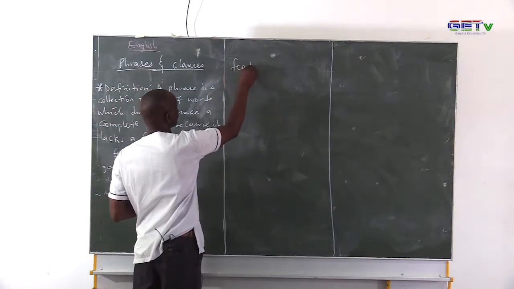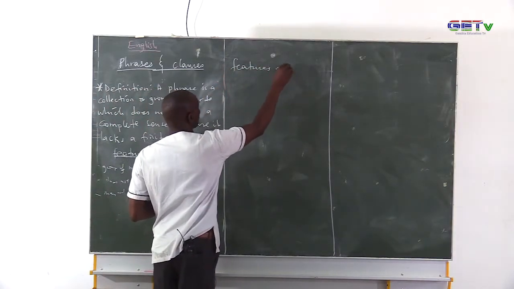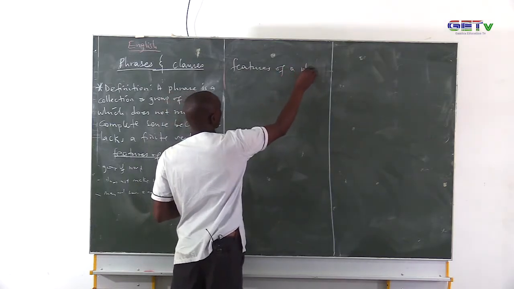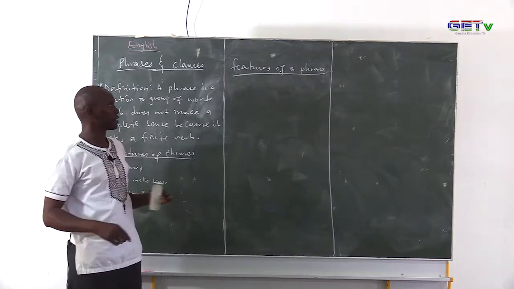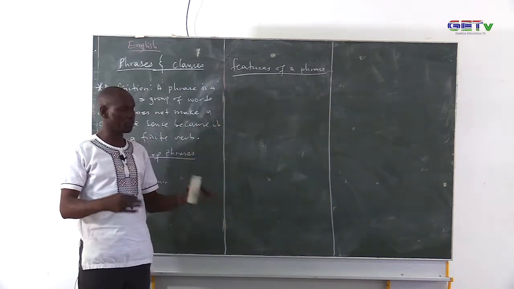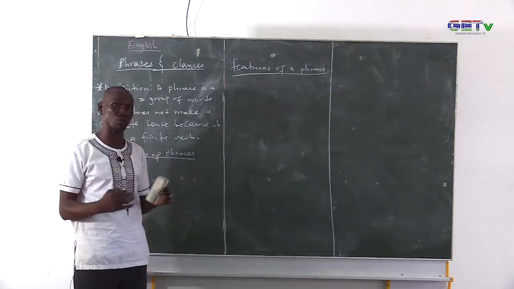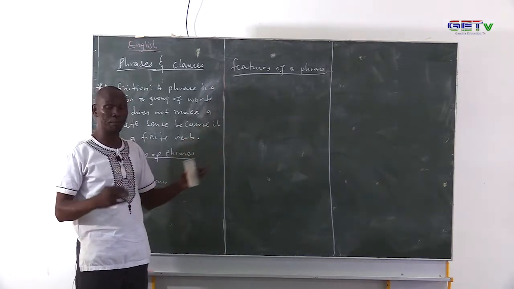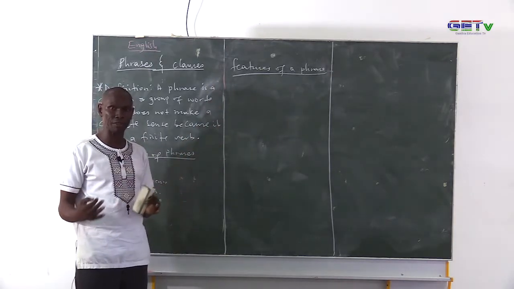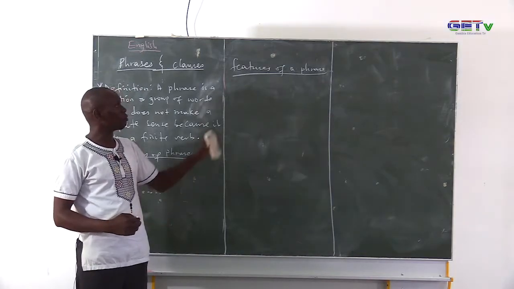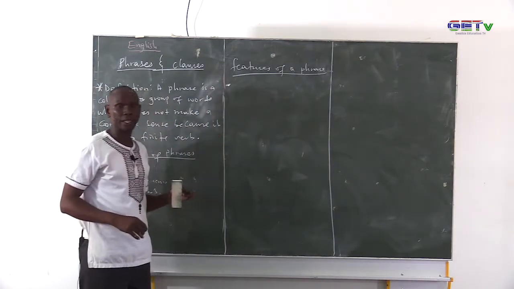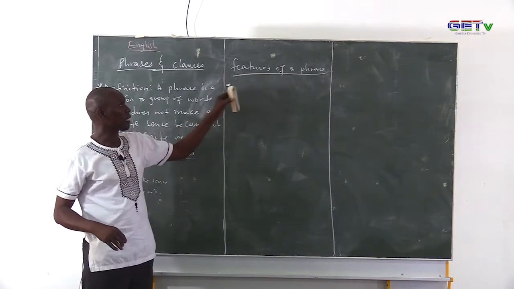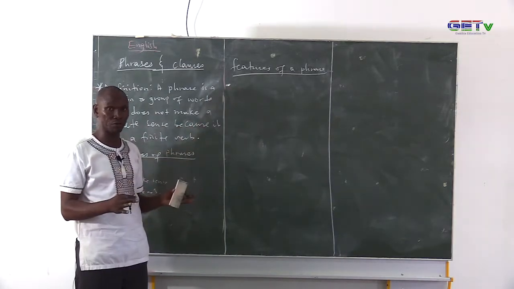Now, by looking at a particular group of words, you call it a phrase based on one grammatical evidence or the other. One major feature of a phrase is that it does not express anything meaningful on its own.